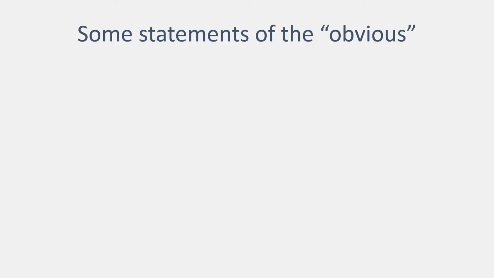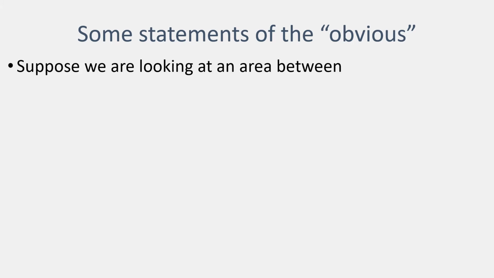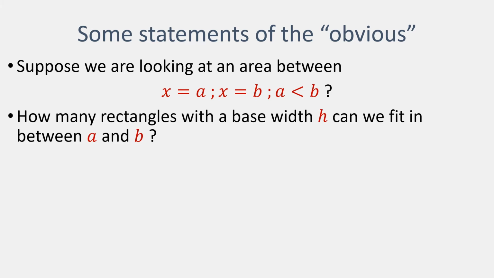So let's look at a few statements of what I hope are obvious. Suppose we are looking at an area between 2 points, and we are going to assume that our first point is smaller than our second one.